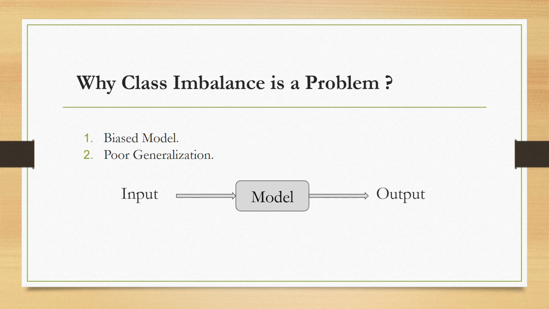That is the reason why the information learned by the model is not proper because of the class imbalance. That's why we call class imbalance a problem.